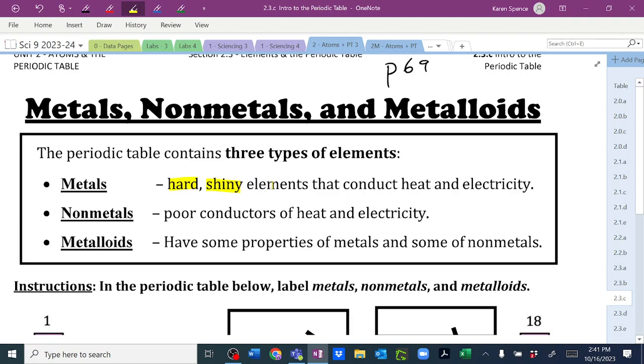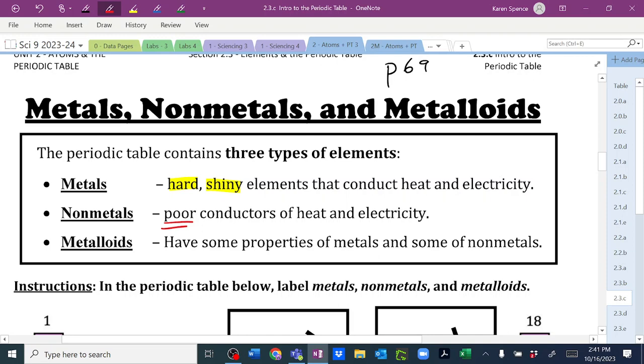If you had a pan made of glass, which is a non-metal, it would take a long time for the heat to get to your food. It would still cook, but it would take a long, long time for the pan to heat up, because non-metals are poor conductors of heat.